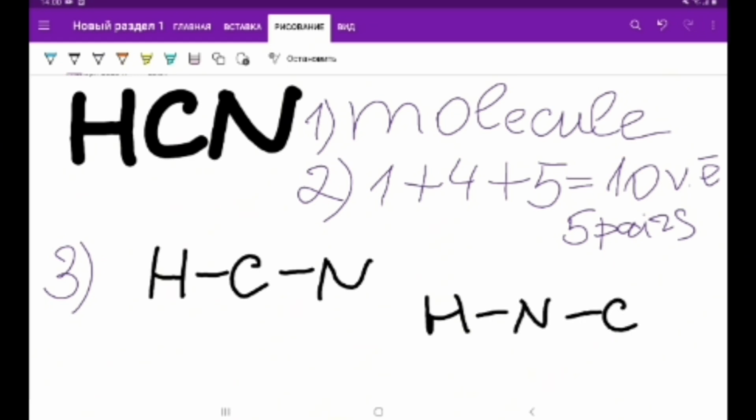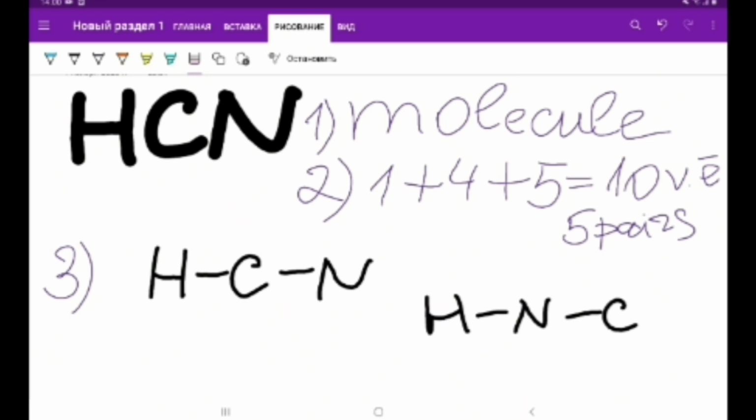We don't know. Let's check. Let's try and see what will be better. So there are 2 possibilities, and of course we cannot put hydrogen in the middle like this, because hydrogen's valence will always be 1, so we don't consider this variant. But let's review the other 2 ones.